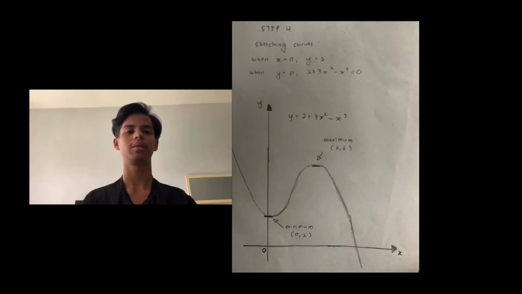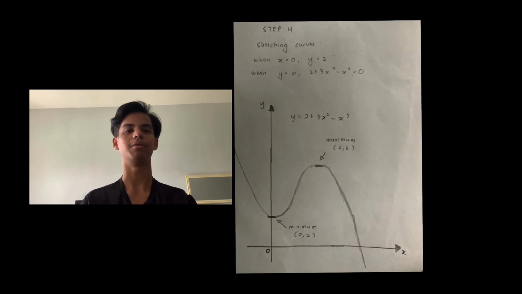After placing the points, we must write the answer. The answer is y equals 2 plus 3x power 2 minus x power 3. After placing the points and writing the answer, we need to make a line at the edge point. That's it for me. Thank you.